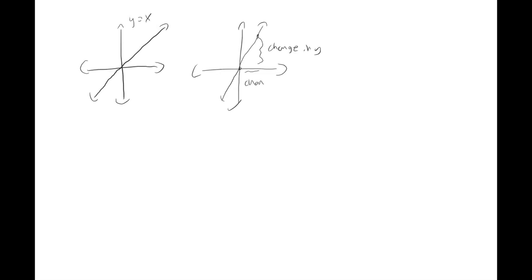That's called the slope. Slope is sort of how steep you are. Slope 1 is this steep, this is steeper, so it's a bigger number. Slope 100 is steeper than slope 1, and so on.